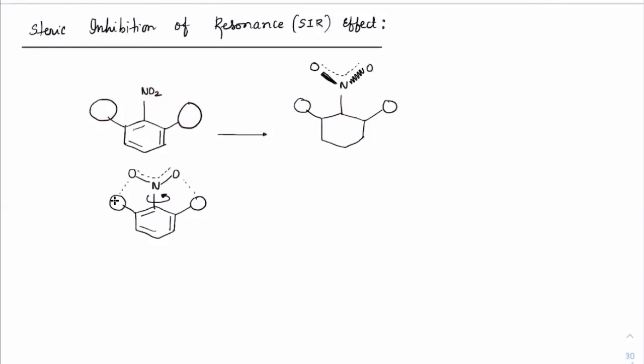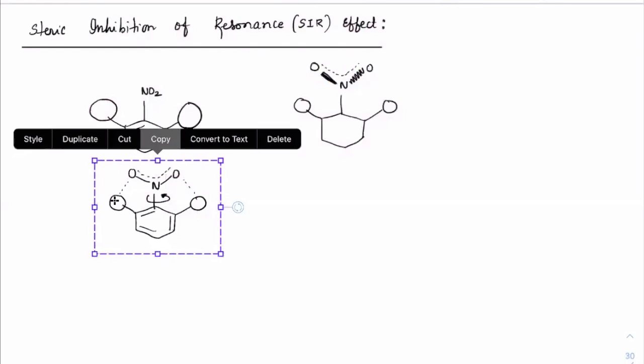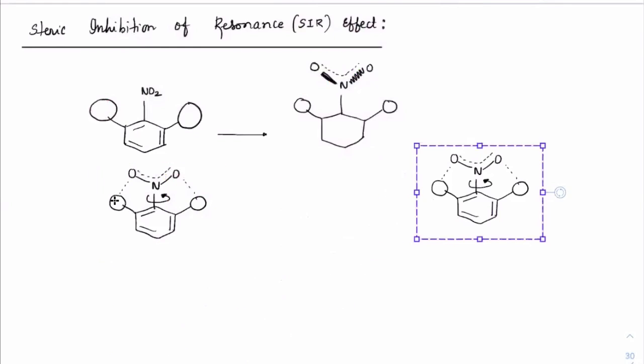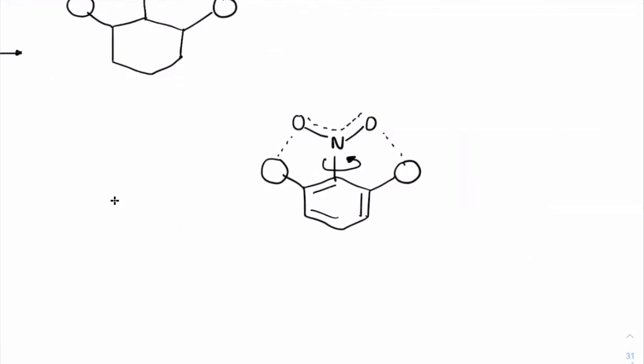Originally, this pi bond of nitrogen which is present here was in resonance with this pi orbital. This way it was in resonance.